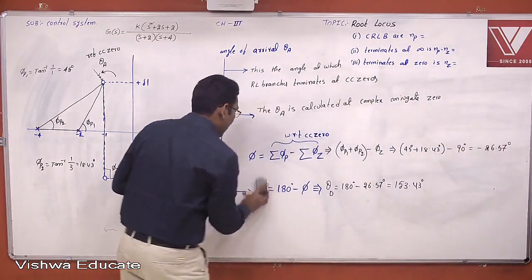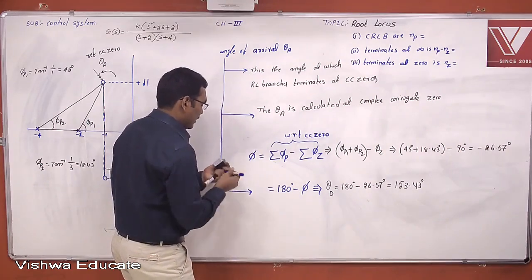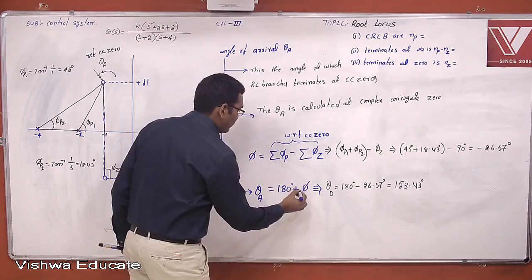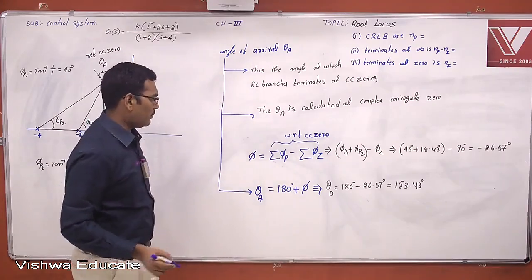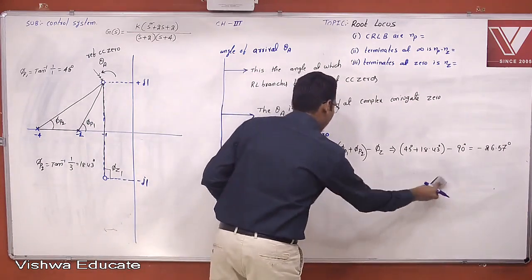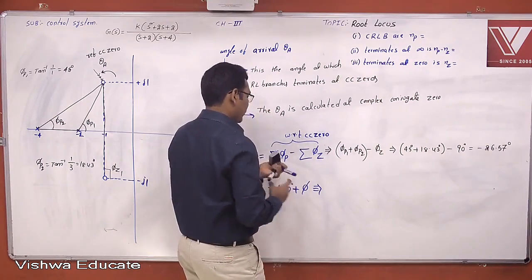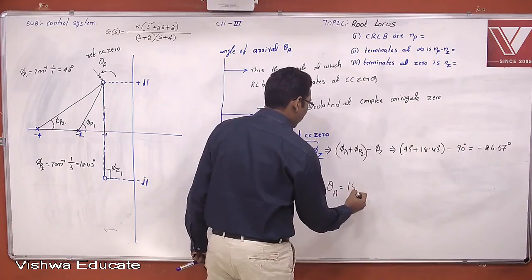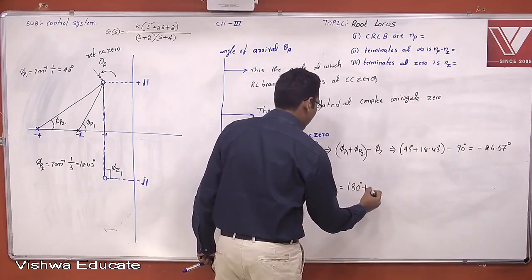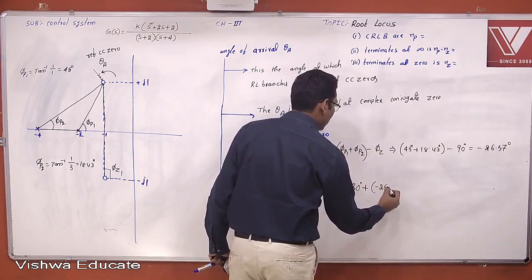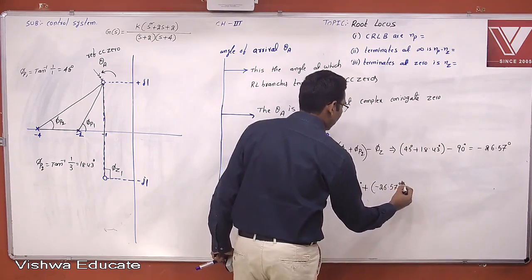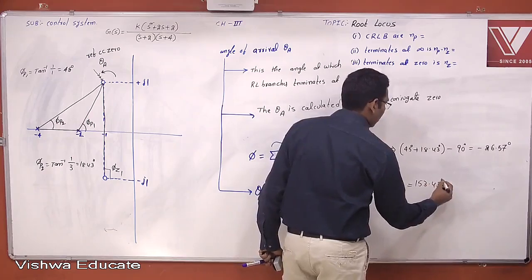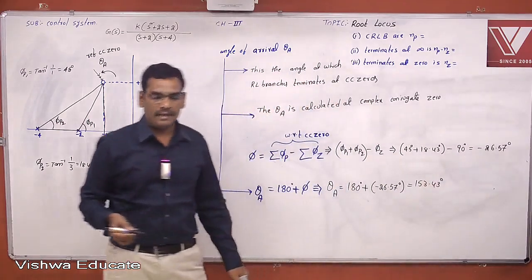And now this is the angle of arrival, the additional angle. Now 180 degrees plus phi is the angle of arrival. So the angle of arrival theta A is equal to 180 degrees plus phi, which is minus 26.57 degrees. Therefore, 153.43 degrees is the angle of arrival. Note down that.